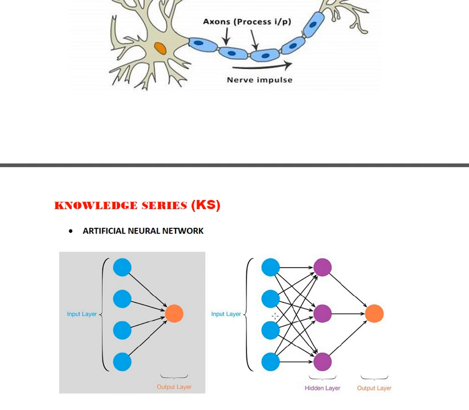Now sometimes we need more than one layer, so we draw the figure like this. This is the input layer. One node is connected to another node, and here you can see 4 nodes in the input layer, 3 nodes in the hidden layer, and 1 node in the output layer. When we interconnect them, you can see that a number of input signals, or arrows, are interlinked with each other and finally reach the output.